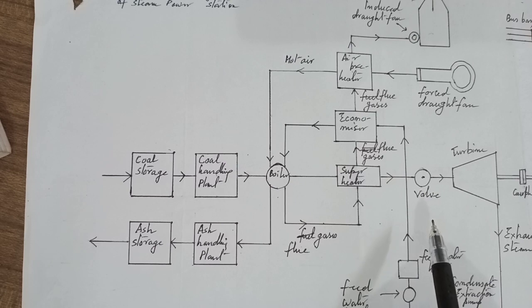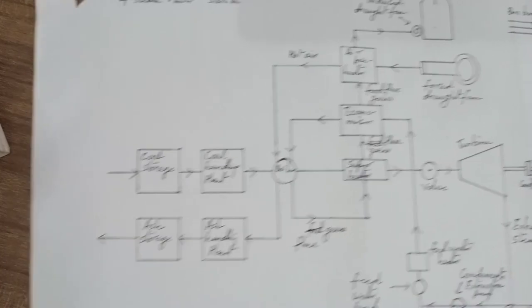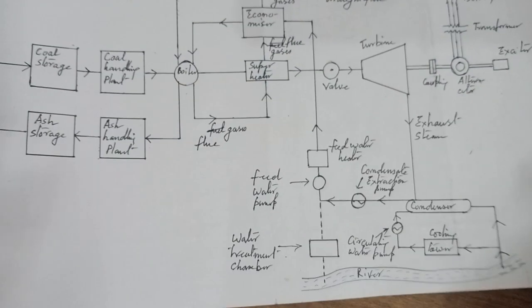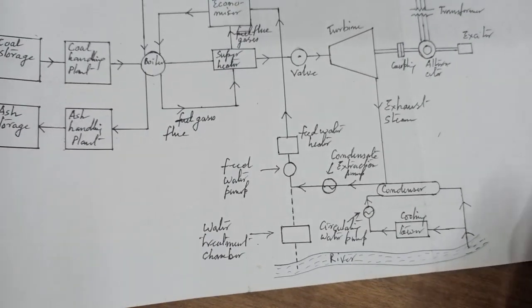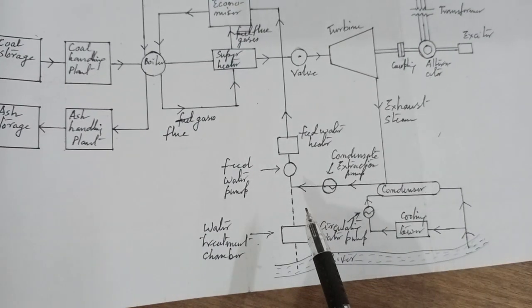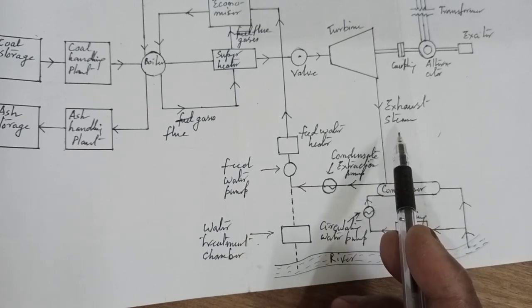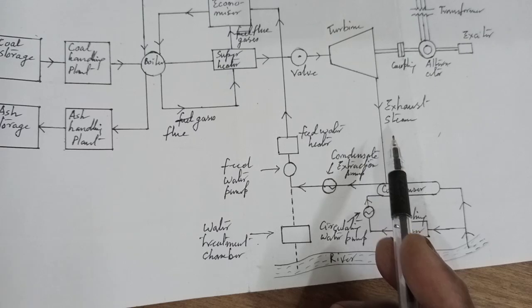The steam is exhausted to the condenser, which condenses the exhausted steam by means of cold water circulation.